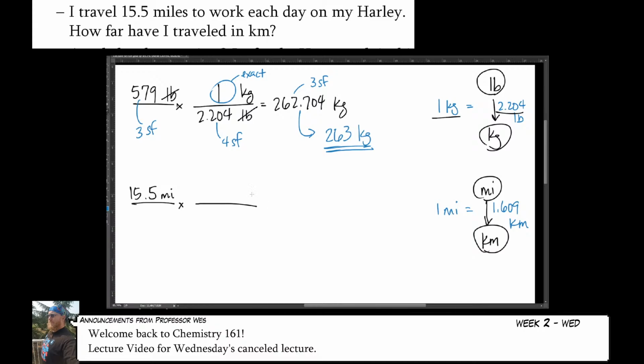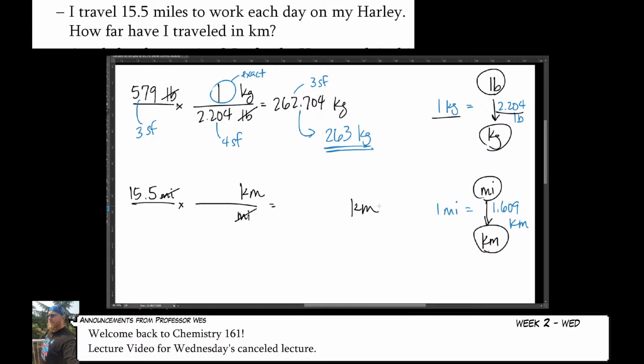All right, same deal as before. I don't want miles, so which of these am I going to put on top and on bottom? Well, I've got to cancel, so we're going to set up the miles so that they're like this. Now my units that are left over are the units of my answer.